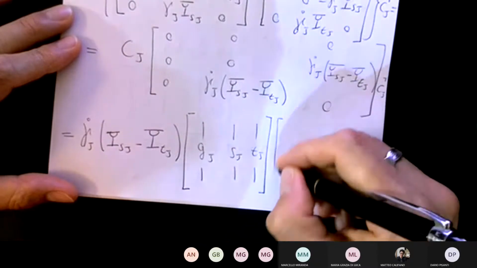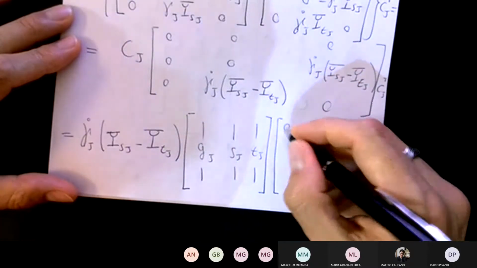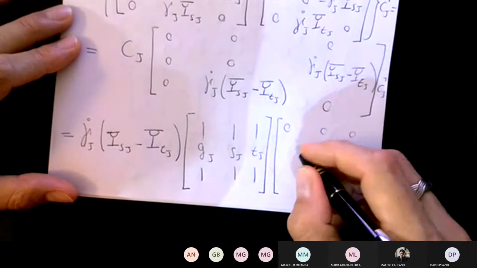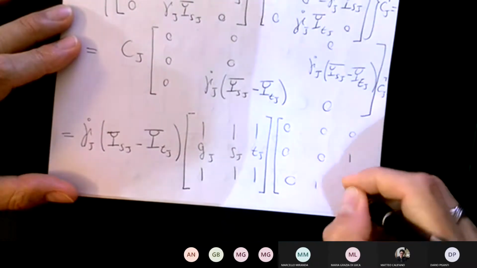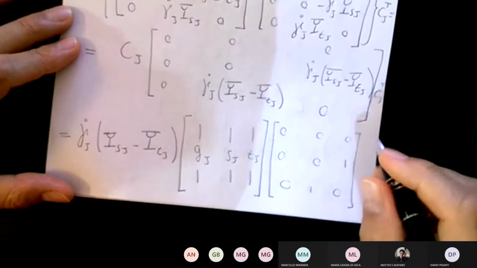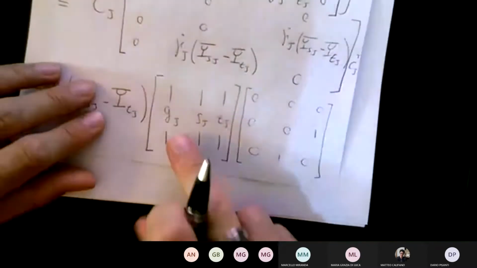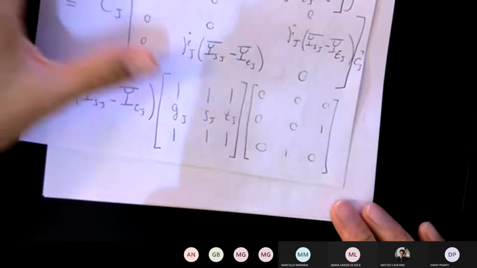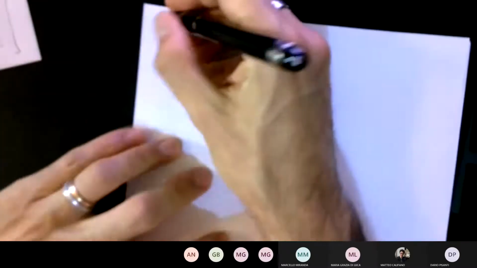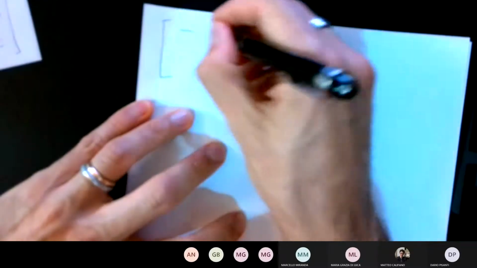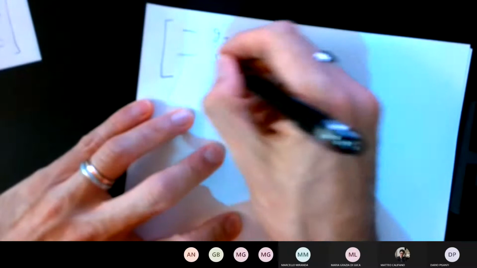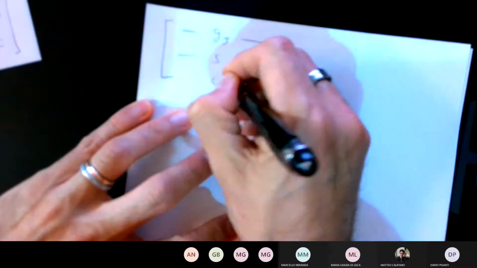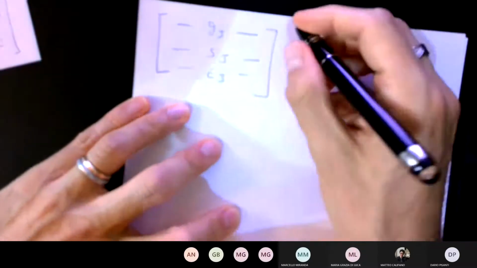Well, this is going to multiply now a matrix that has 0, 0, 0, 0, 0, 1, 0, 1, 0, and of course it doesn't fit in here, but it will be the same matrix, just that the G, the S, and the T are, so I'm going to write it here. It's multiplying basically a matrix that looks like this. The Gj is now like that. S is a row and T is also a row.